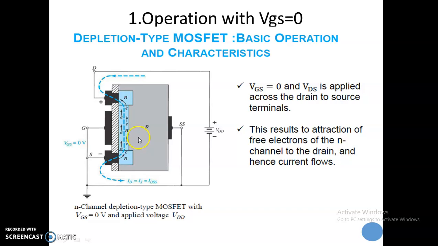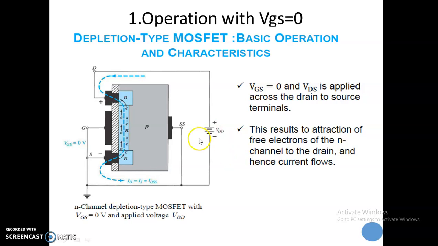Refer to the above figure. It shows the gate, source and substrate terminals are connected together to the ground point. Thus VGS equal to 0.